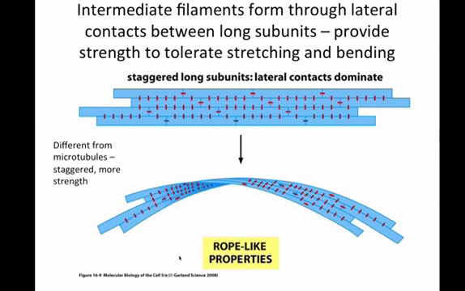So, intermediate filaments. I don't talk too much about this in this unit, but they're another cytoskeletal structure, and they're important for strength, tensile strength, and bending. So remember, we don't have a cell wall. Do we have a cell wall? No. Do we have an exoskeleton?